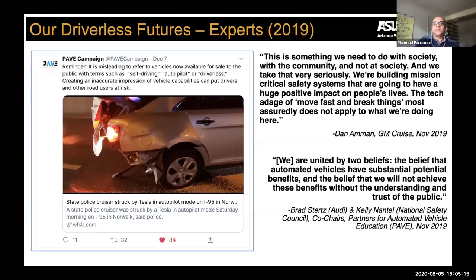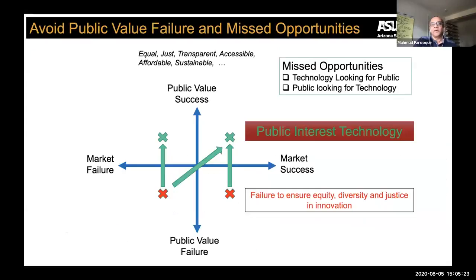So that sets up what this course, that I would like to share our learning with, is all about. It's about two types of failures. One type of failure is that we can have market success but public value failure. This is what Jumana started out saying: to profit without leaving our conscience at the door.